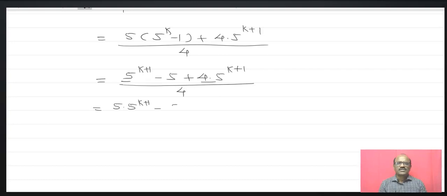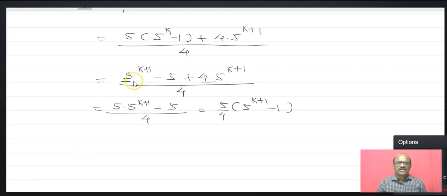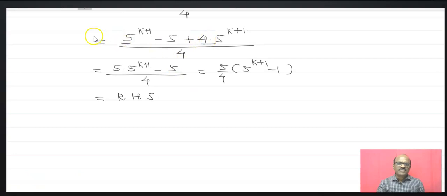Therefore, you will get, now see this step. What is here? That is 5. Here is 5 raised to k plus 1, and here is also the 5 raised to k plus 1. Now from this, here is 4 times and this is 1 times.